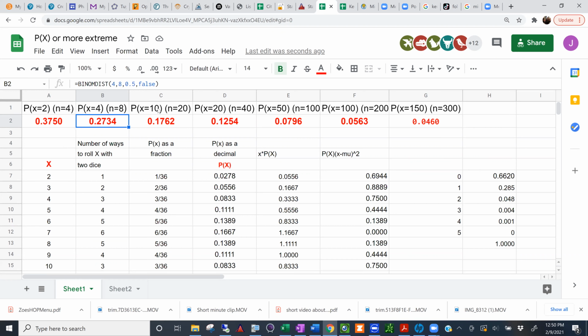But then we keep on increasing these numbers. 20 pregnancies, 40 pregnancies, 100, etc. Now, if you had 100 pregnancies and you had exactly 50 girls, is that really unusual?